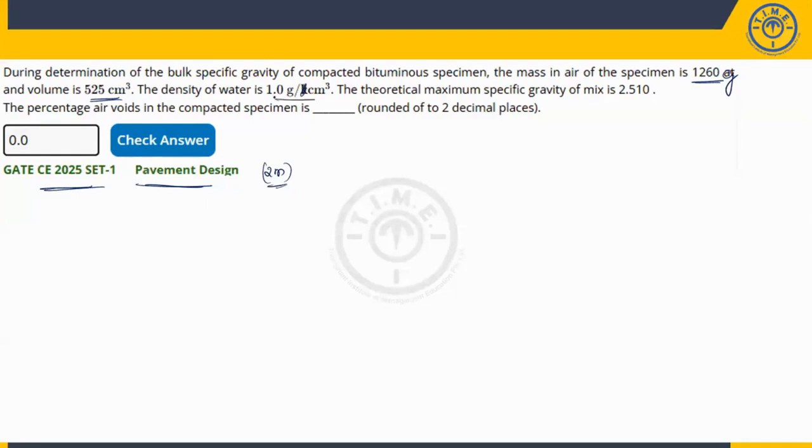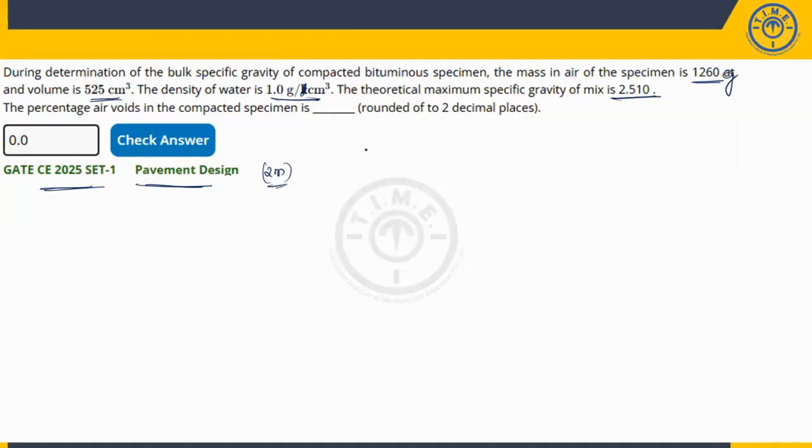Density of water is 1 gram per centimeter cube. Theoretical maximum specific gravity of the mix is 2.510. Percentage air voids in the compacted specimen is dash.